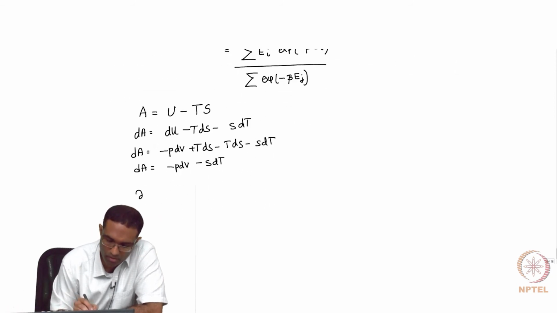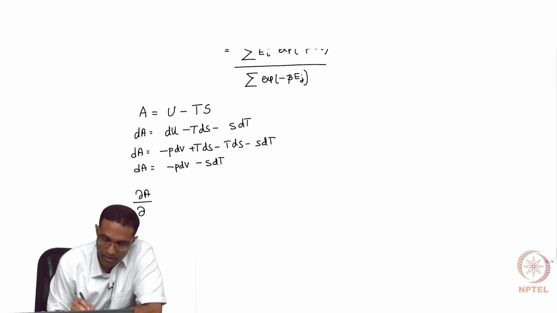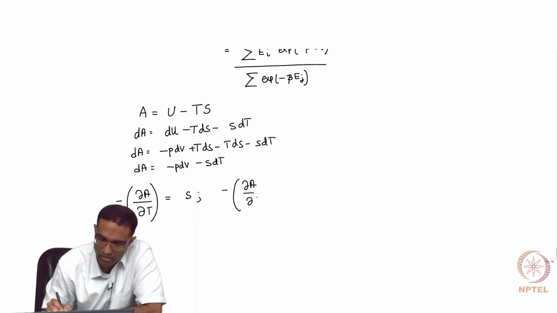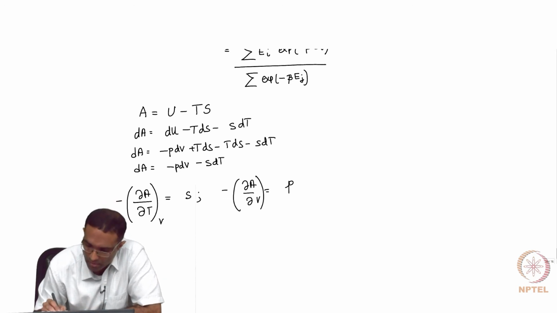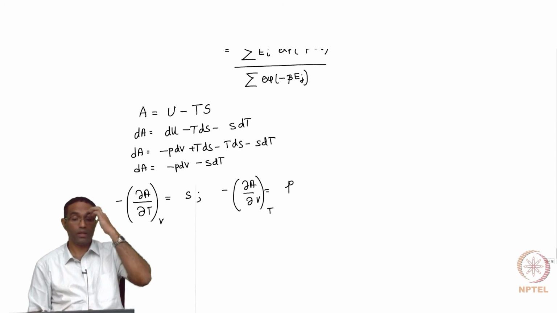Correct, or like we do in thermodynamics, we can write dou A by dou T minus is equal to S, and obviously dou A by dou V is equal to P. Dou A by dou T, you are maintaining V constant and holding T constant.